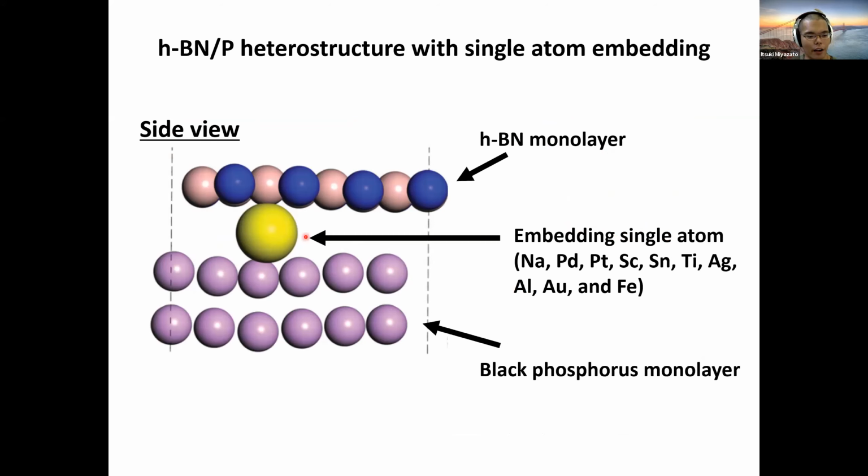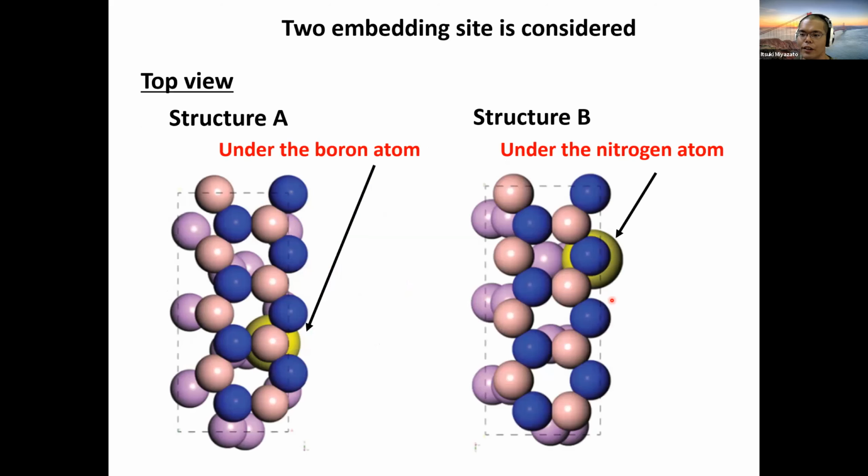Here the embedded single atom is set. Sodium, palladium, platinum, scandium, tin, titanium, silver, aluminum, gold, and iron are selected as embedding single atoms in this study. Additionally, two embedding sites are considered as calculation models.